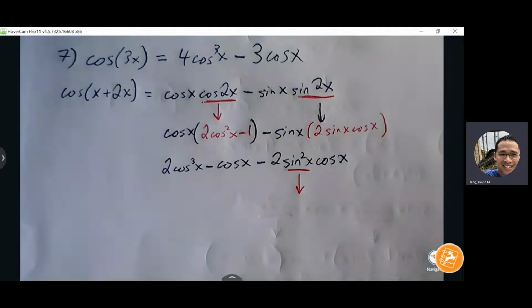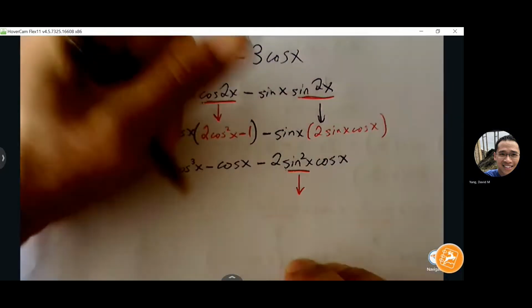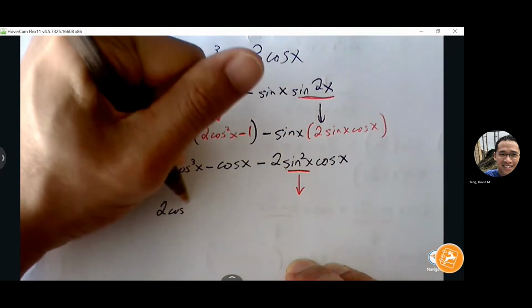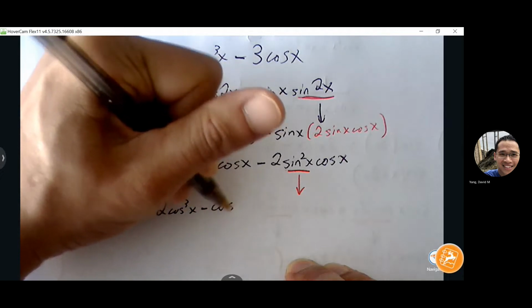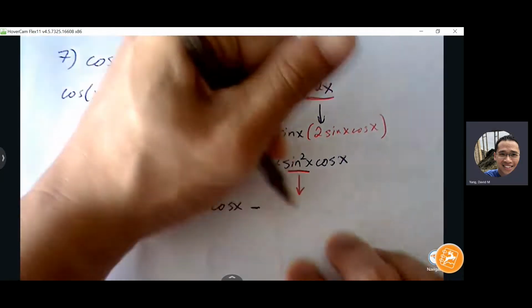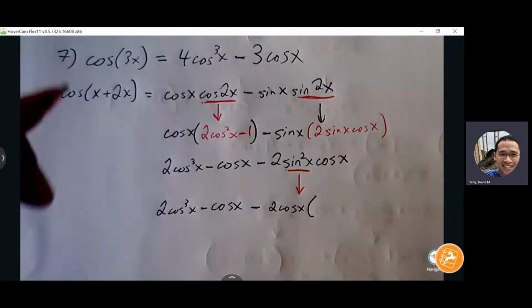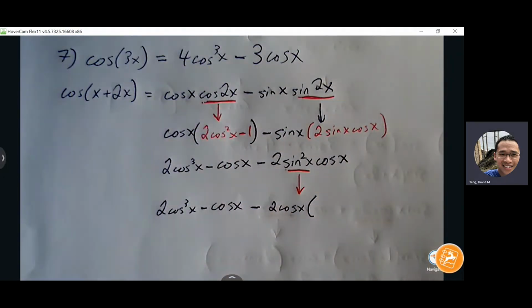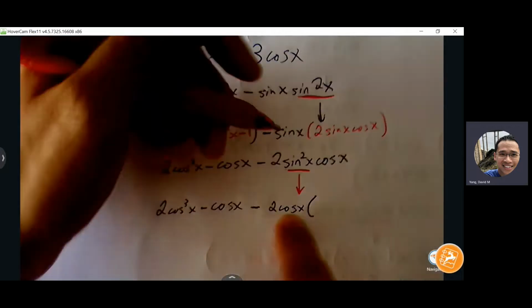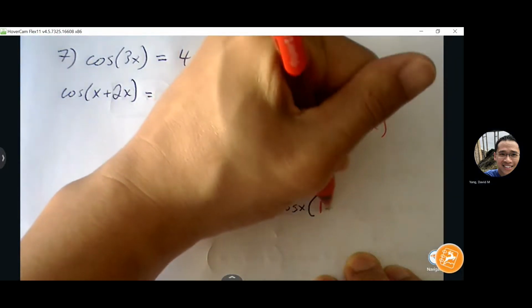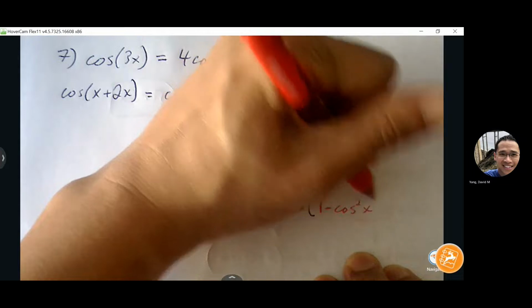I'm going to put the 2 cosine in front. It just feels weird having that parentheses on where you have to distribute from both sides. So if I just have those 2 terms together, it feels a little bit cleaner.